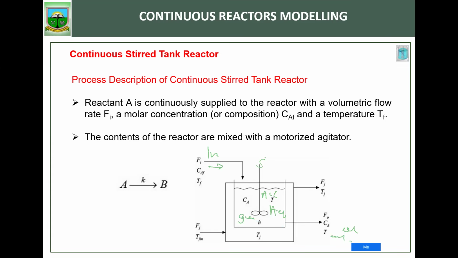So we have four terms for that. If it's the energy balance, you have energy inside, temperature in the reactor, then the accumulation temperature, then the Q here, the additional heat you are putting, then the input heat, and then the output. So that's how we're going to derive the energy balance equation.